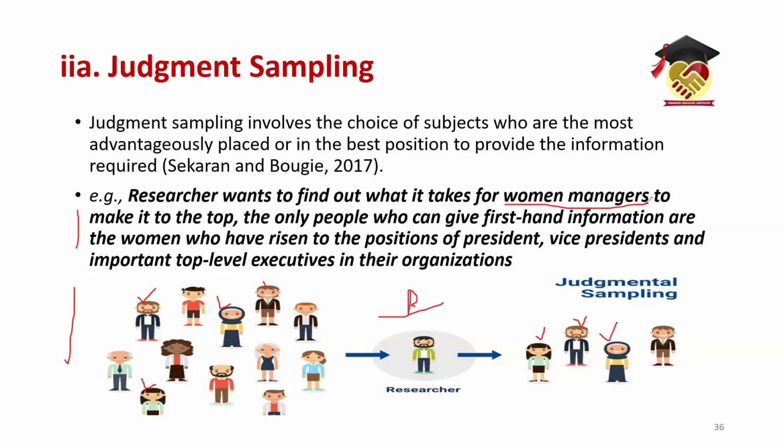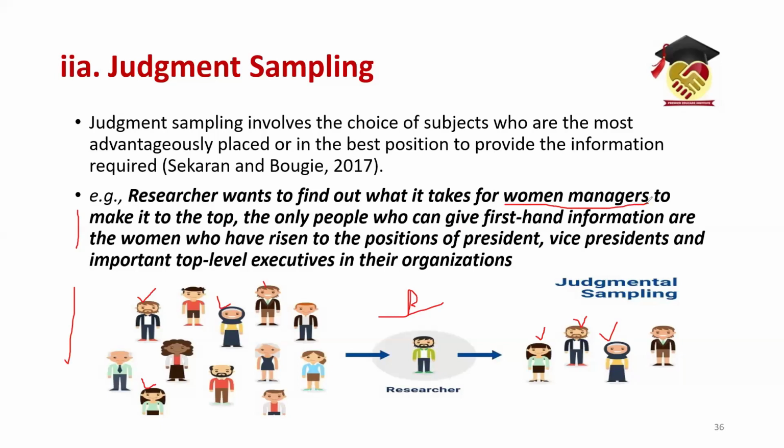So for example, if you want to do research about very senior lady managers, then you have to get the information from them, not the line managers, not the middle managers. You have to get it from the super senior managers, like CEO level. So you decide them, but you can't say she's a very beautiful one, right? She gets a very big salary. No, not that way.